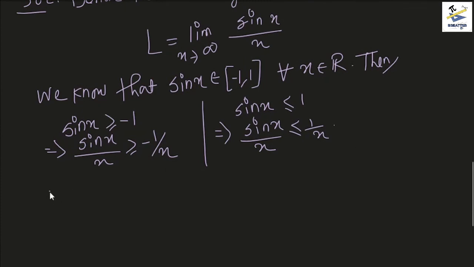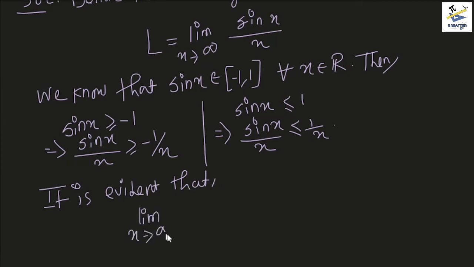It is evident that the limit as x tends to infinity of 1 by x is equal to the limit as x tends to infinity of -1 by x is equal to 0.